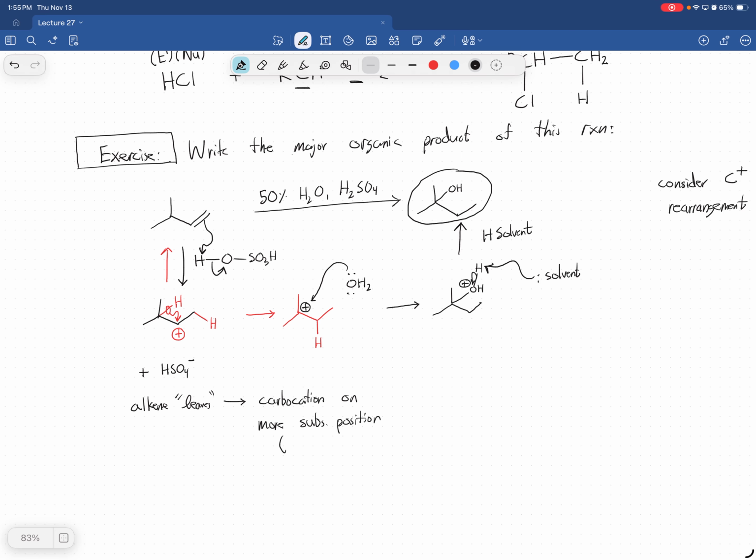In this case, it's a secondary carbon atom. That's why alkenes are not very stable in acid. They tend to get protonated.